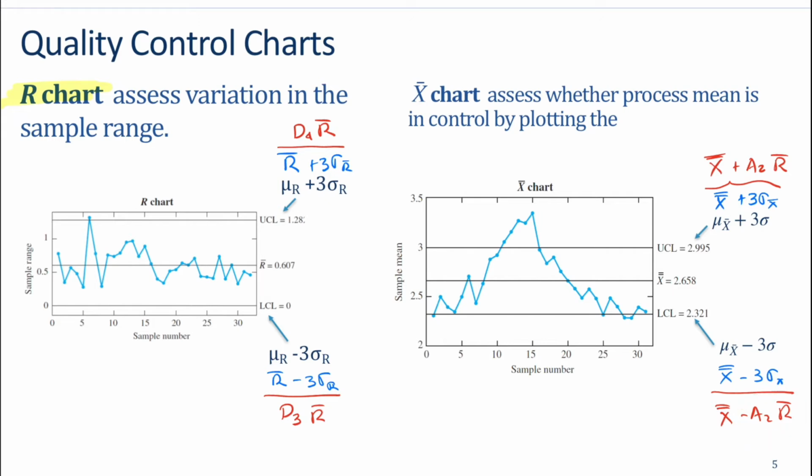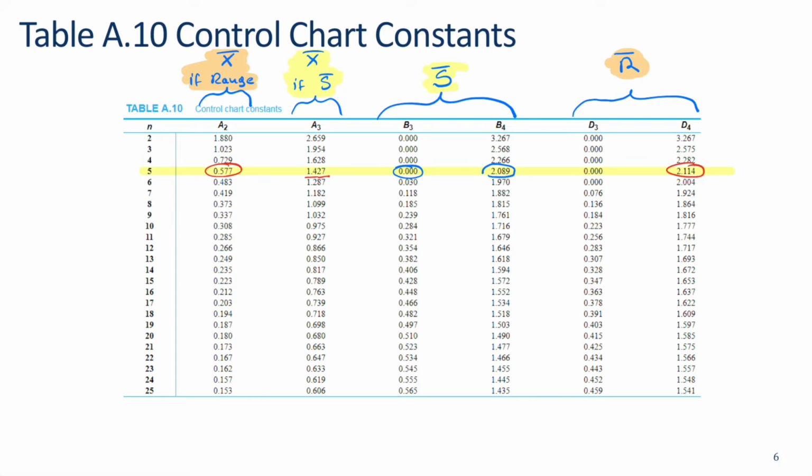So we find the A2 value in the table. Let's have a look at table 18, which contains the constants to build the control charts. These constants are a function of n, and n is the sample size. In the example that we are presenting, our sample size is equal to 5. To build the R chart, we use constants D3 and D4, and to build the S chart, we use constants B3 and B4.